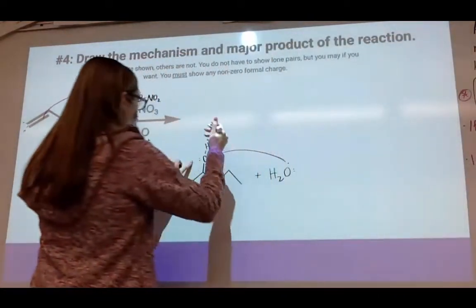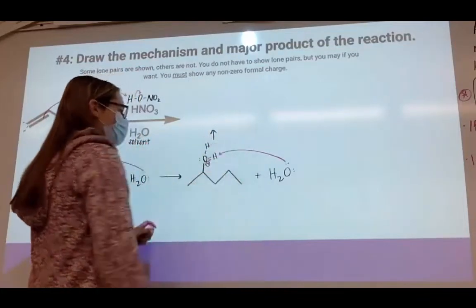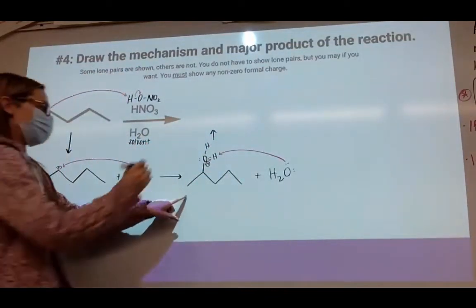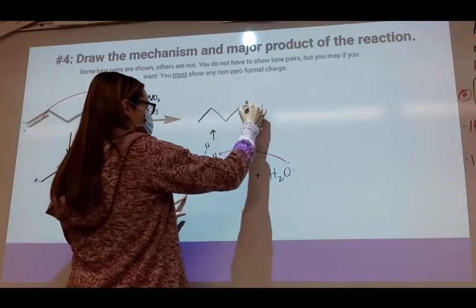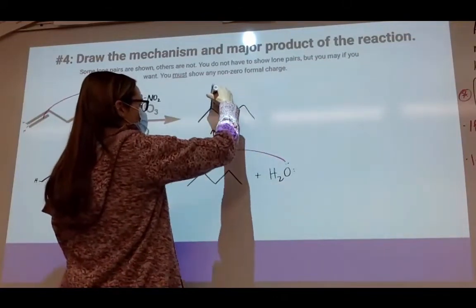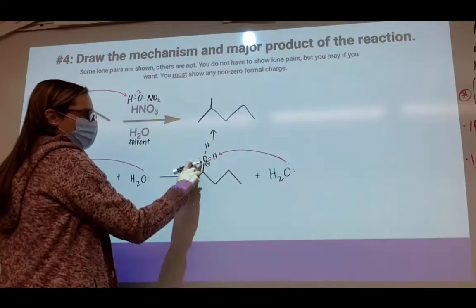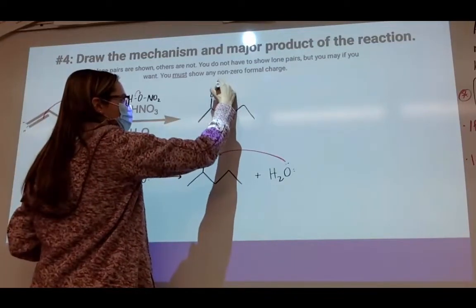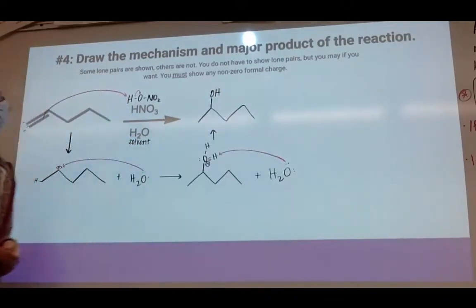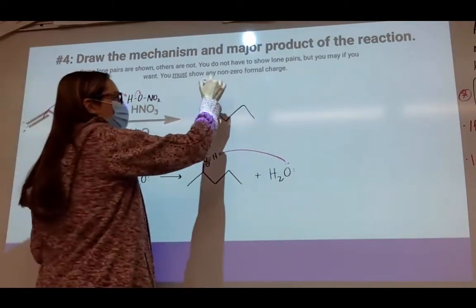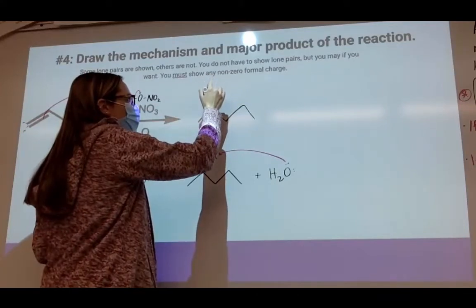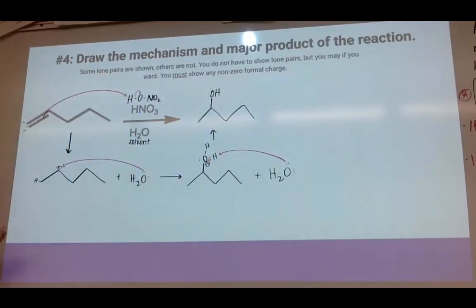We're worried about the organic product. So we redraw this. Now off of this carbon, these electrons went back to the oxygen, and now there's just one hydrogen. If you want to show the lone pairs, you can, but you don't have to. That oxygen now has a 0 formal charge, 2 bonds, 2 lone pairs.